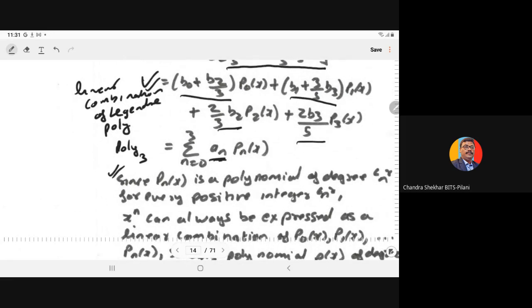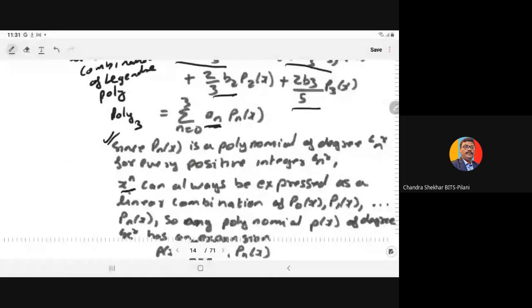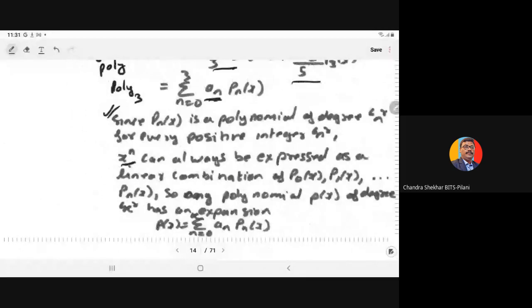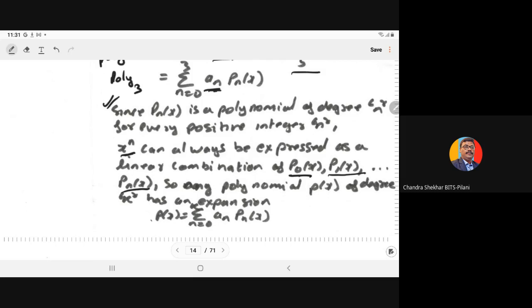Since pnx itself is the polynomial of degree n, for every positive integer n, x to power n can always be expressed as linear combination of p naught, p1, up to pnx. So any polynomial px of degree n has the expression of this type.